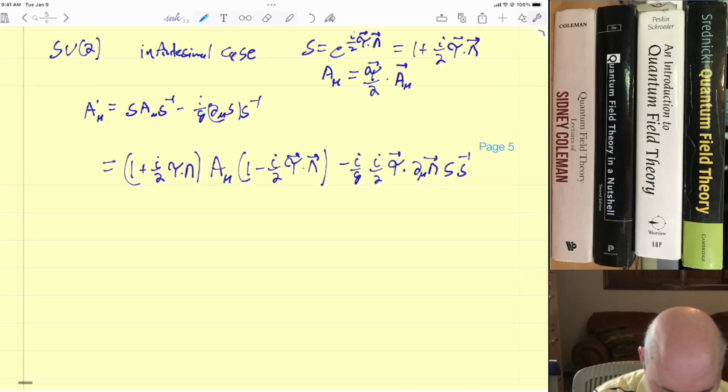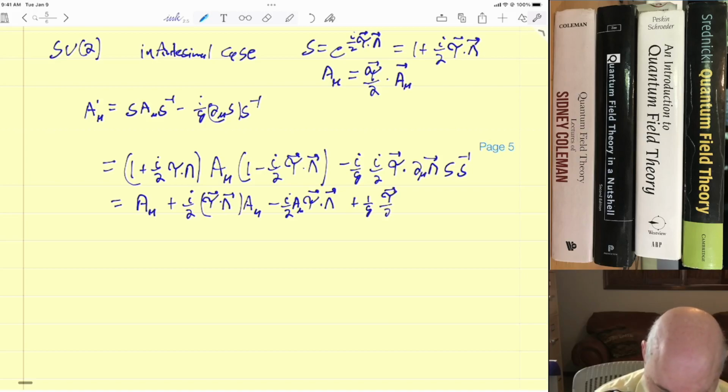So this is basically equal to A mu plus i over 2 tau dot lambda, A mu minus i over 2 tau dot lambda, sorry, A mu tau dot lambda, plus 1 over g tau over 2 partial mu lambda.